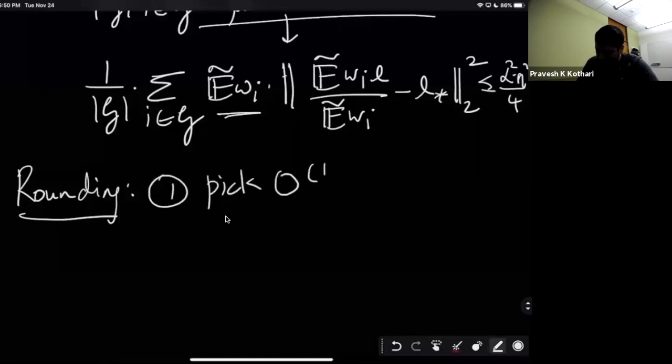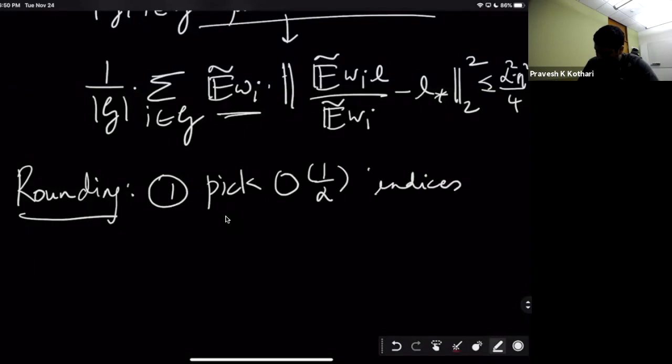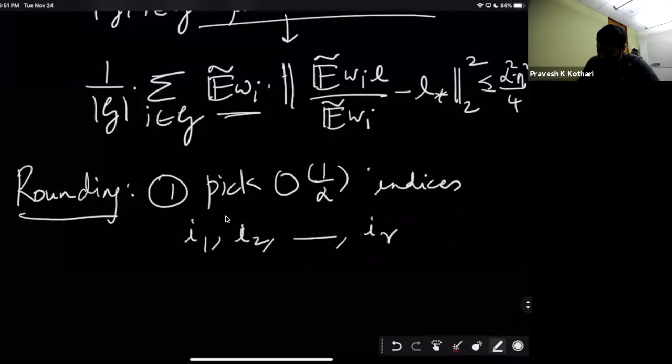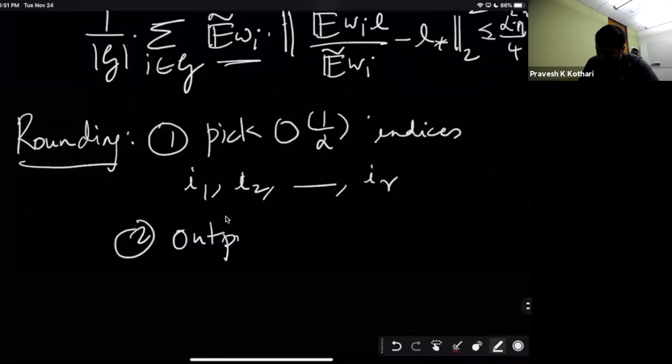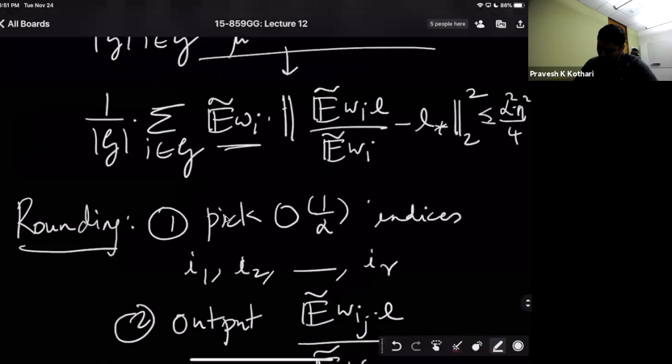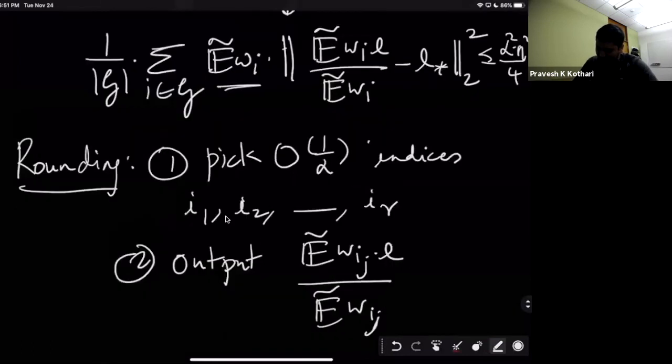Pick O of 1 over alpha samples at random, just indices at random, and output the corresponding vectors. That's it.